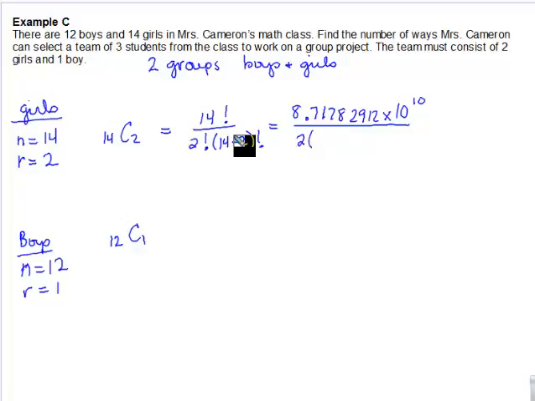And that's 12 factorial, which is 479001600, times 2. And then I'm going to divide the first one by the second one. And I'm going to get 91. So there's 91 possibilities of choosing the two girls.